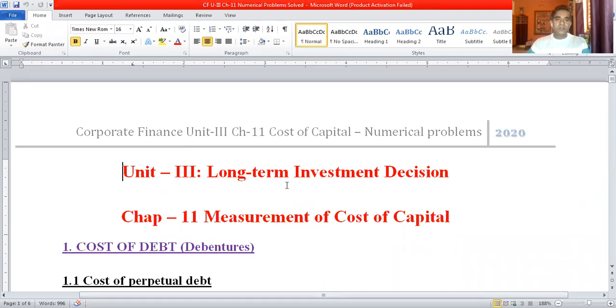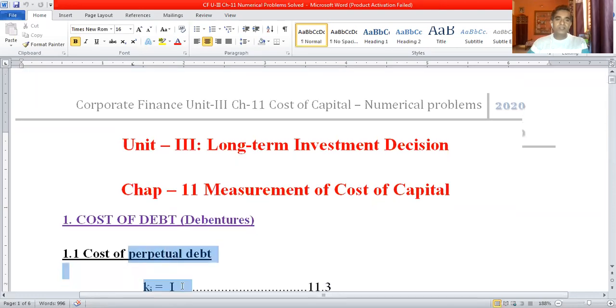Okay, so in this class we are going to solve a couple of numerical problems on cost of debt. There are two types: perpetual or irredeemable debt, and redeemable debt. So far we have learned how to calculate the cost of perpetual debt.